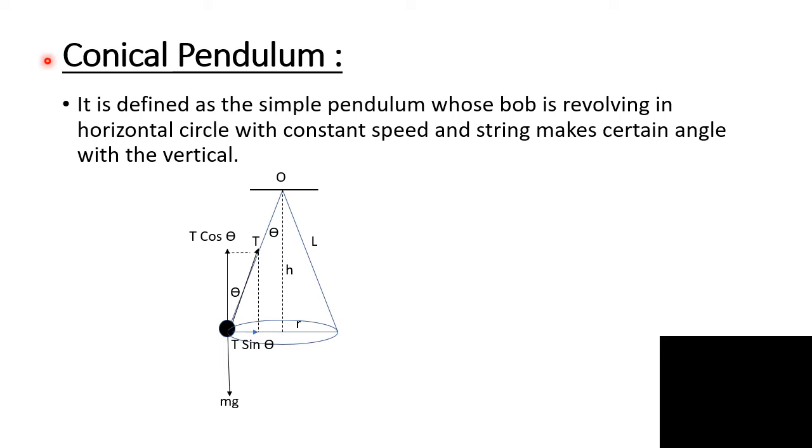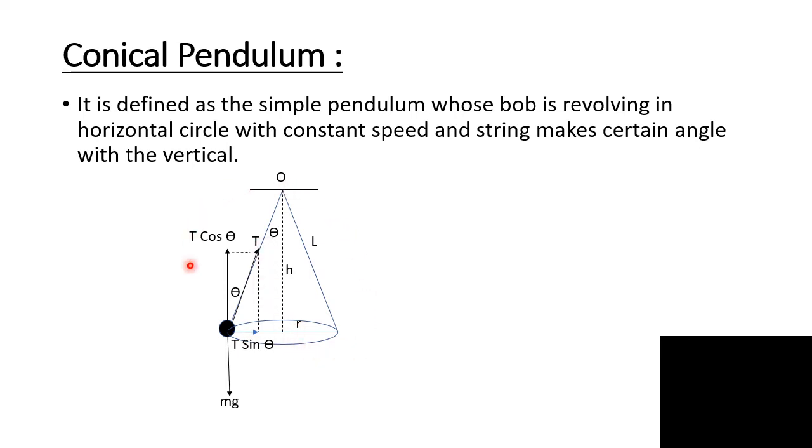Next article, we are going to study the conical pendulum. Conical pendulum is defined as the simple pendulum whose bob is revolving in horizontal circle with constant speed and string makes certain angle with the vertical.